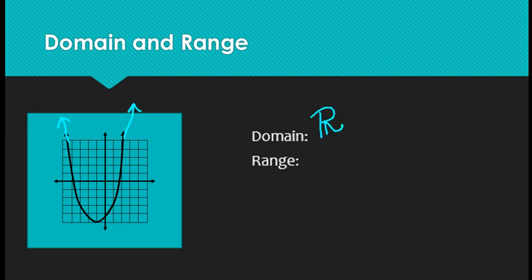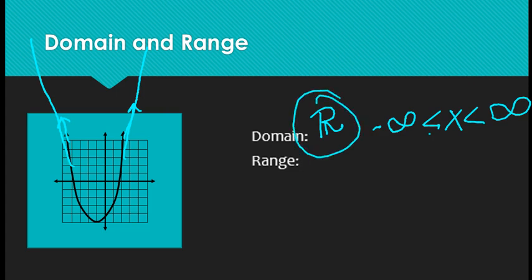What that means is that from left to right, it can keep going on and on. As long as this parabola keeps growing, it's going to keep going in the left, and it's going to keep going in the right. So the domain is all real numbers. Or you can say from -infinity to +infinity. I like all real numbers better.